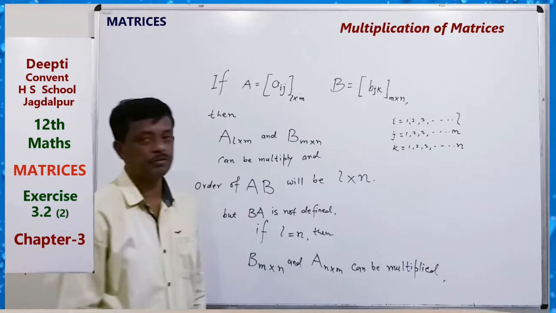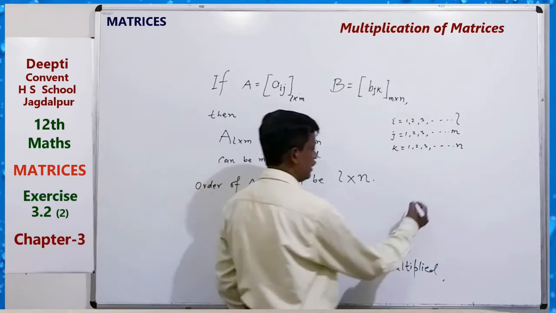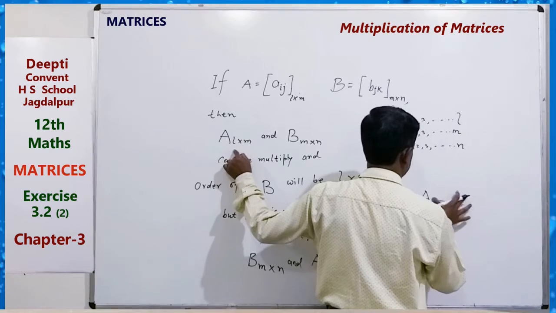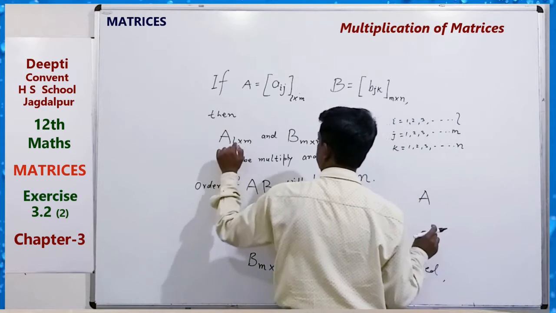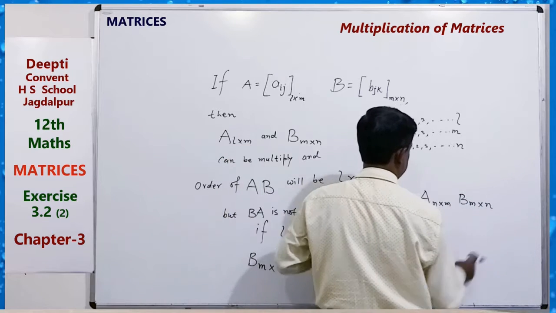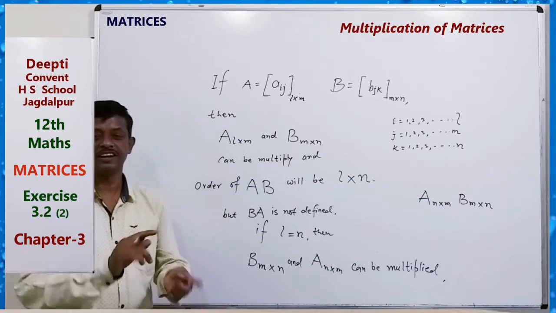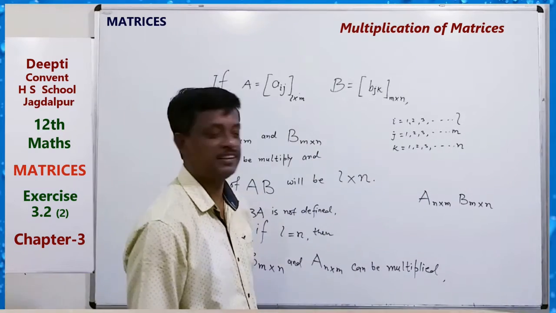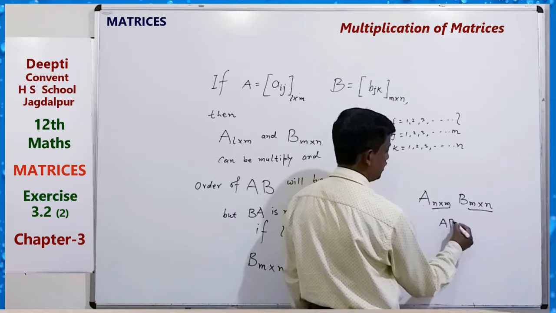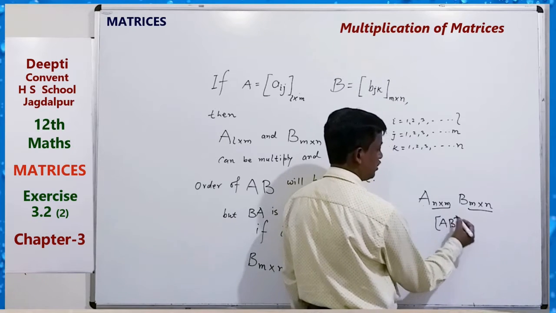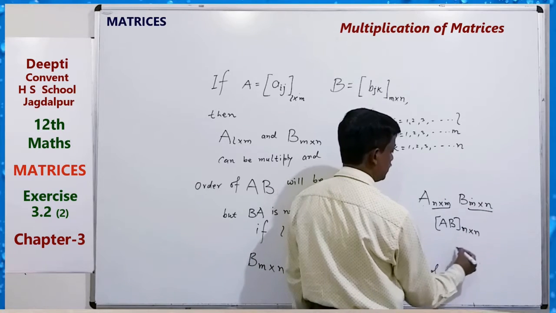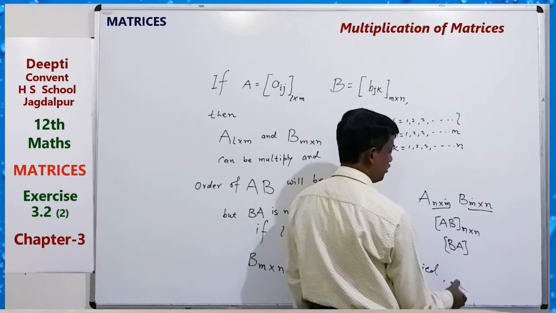That is, here we see that A is N by M, and B is M by N. If the orders are in reverse, that is A having this order and B having this order, then AB is a matrix of order, omitting M because both are equal, N by N. And BA, what order?